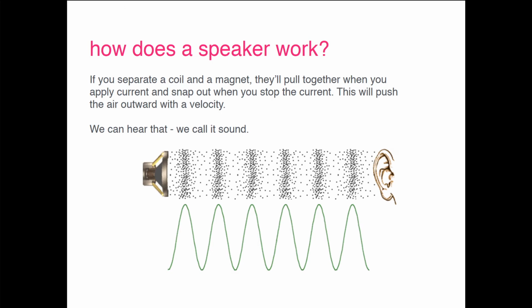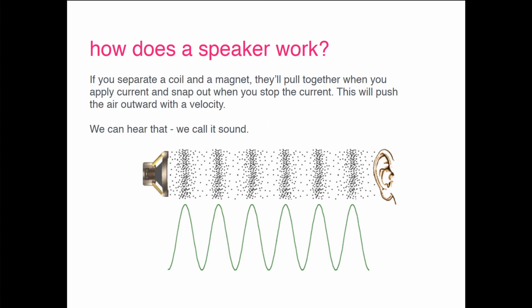Speakers work in really unique and interesting ways, and they're very similar to the motors we saw. Motors have a copper coil that you induce a magnetic field around, and that magnetic field is essentially what causes your motor to spin, because you have a magnet, you have a copper coil, you get a magnetic field, good things.